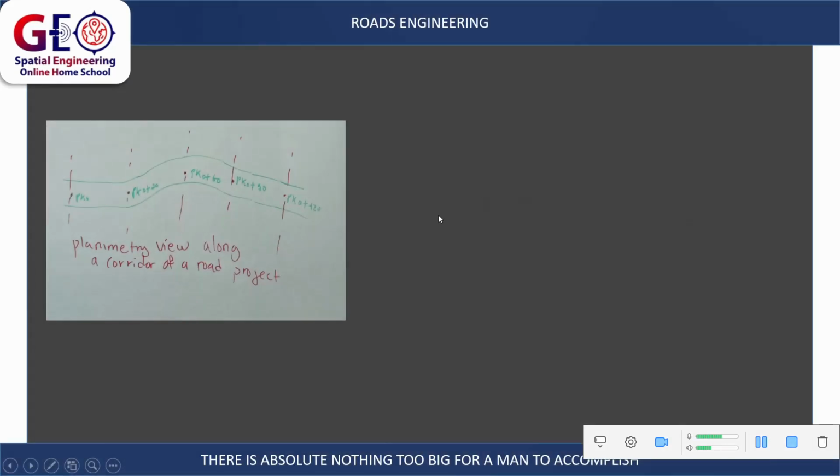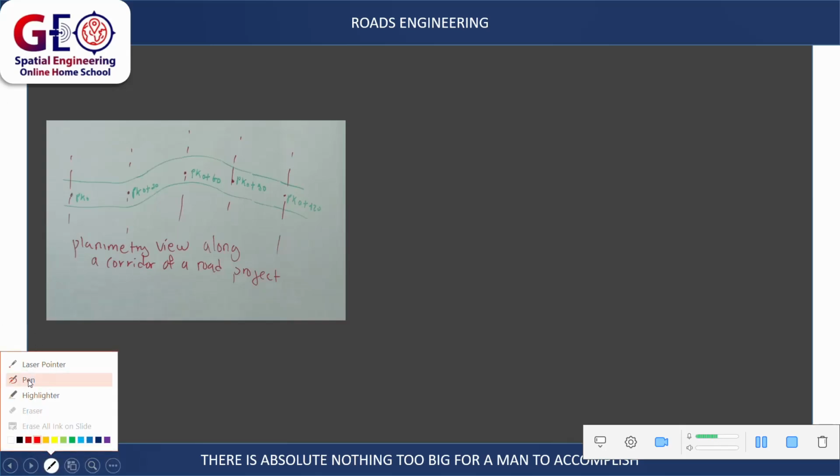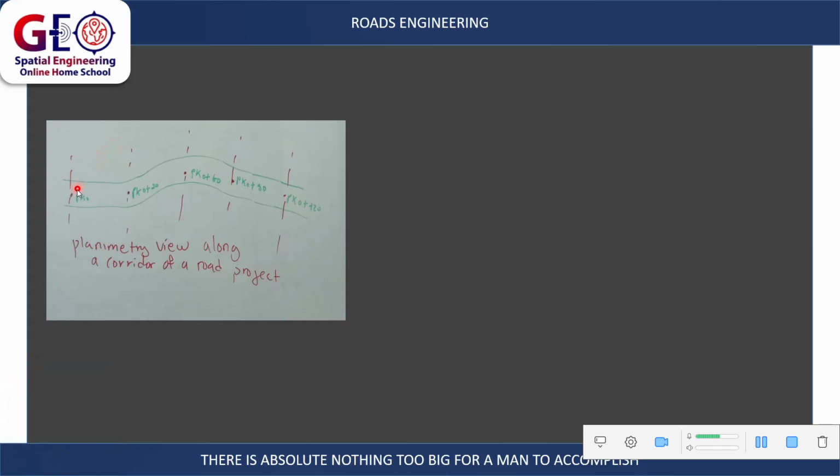Now, this is just a planimetric view of the corridor that was allocated. We have the chainage points along the center axis of the corridor: PK0, PK plus 30, PK plus 60, PK plus 90, PK plus 120.